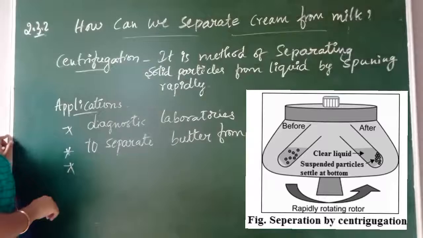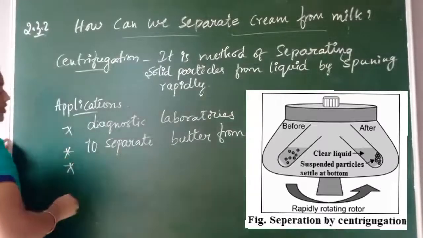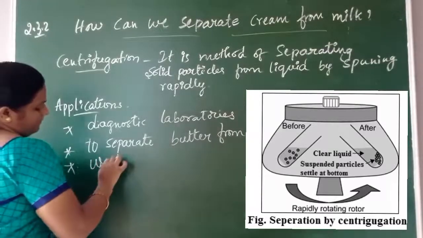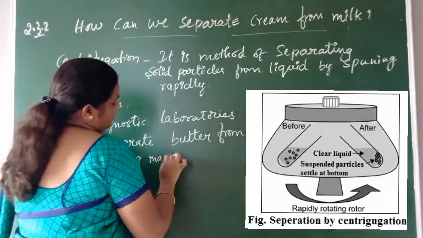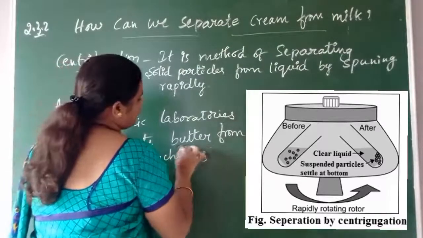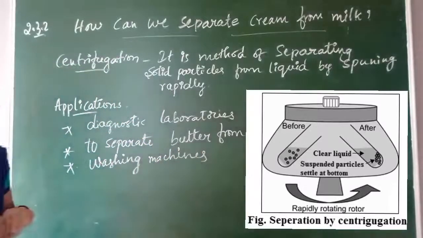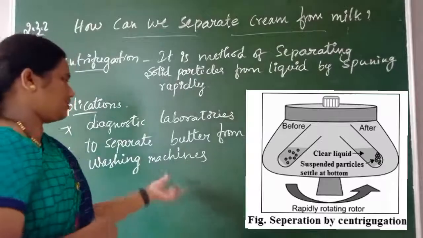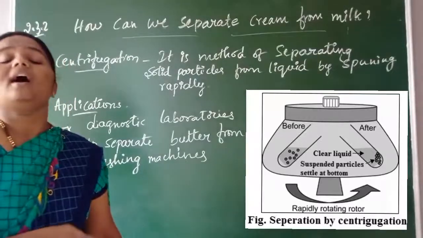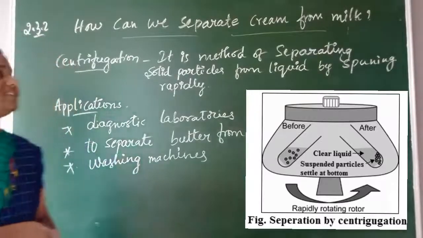And the third one is what? That is in washing machines, children. Washing machines mainly work on this centrifugation principle. Here, in order to remove water from wet clothes, the centrifugation method is applied, children. Is it clear, children?